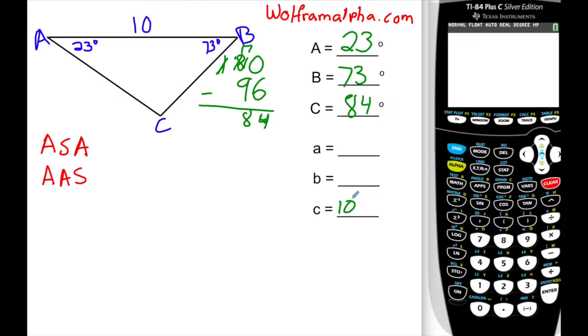First, you always use the exact information. When we find little a and little b, we are not going to get exact numbers. We are going to get decimals. Do not use those decimals to solve the rest of the triangle. So when I get little a, it's going to be a decimal.